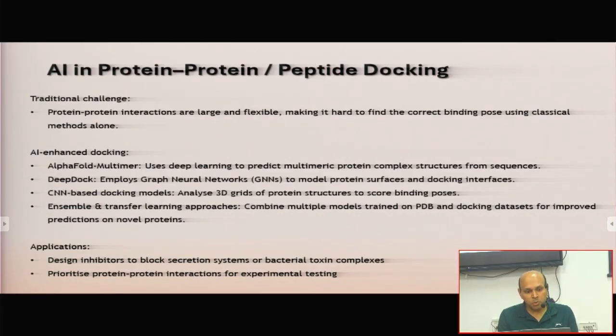Then you have got DeepDock, which employs graph neural networks to model protein surface and docking interfaces. CNN, convolutional neural network based docking models, analyze 3D grids of protein structure to score binding. Ensemble and transfer learning approaches combine multiple models on PDB and docking data sets for improved prediction on novel proteins.